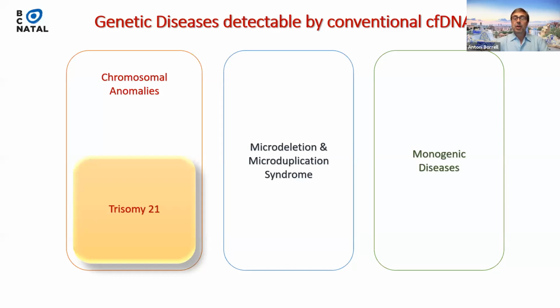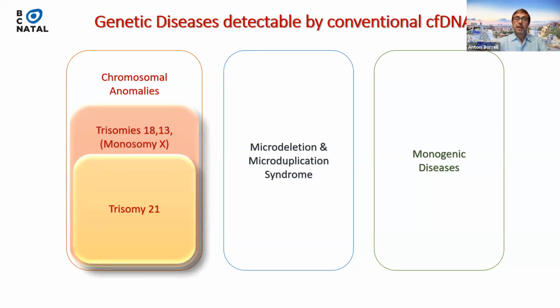Half of the chromosomal anomalies are trisomy 21, which is very common. And a quarter are the typical trisomies: trisomy 18, trisomy 13, and also sometimes we can consider monosomy X as a typical anomaly. And finally, the atypical anomalies are those that are not these three or these four anomalies.